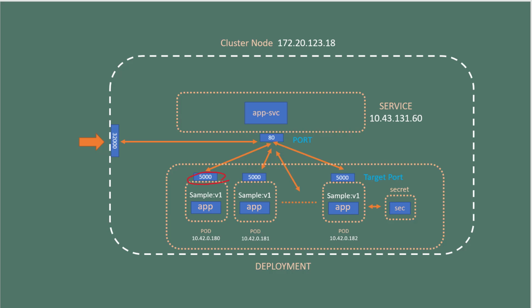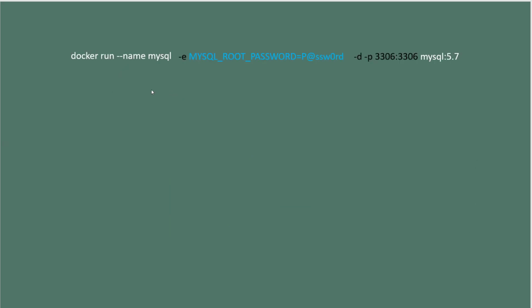Let's leave this subject as it is, and talk about the MySQL pod, and then we will create MySQL and the application in practice. At the start of this session, we created a MySQL server on Docker with this command.